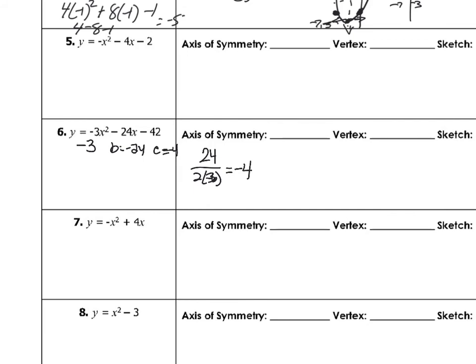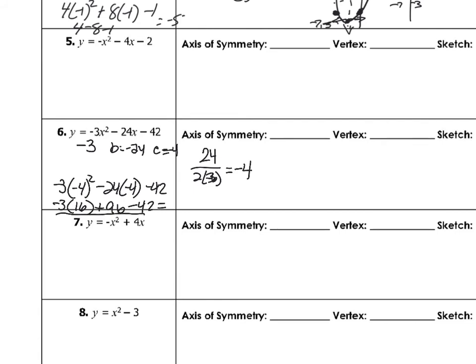And I can plug that in: negative 3 times parentheses negative 4 squared, minus 24 times negative 4, minus 42. So that's negative 3 times 16, and that's going to be positive 96 minus 42.